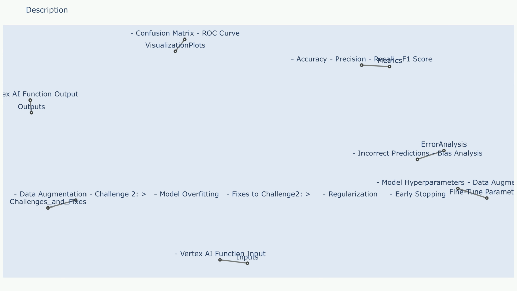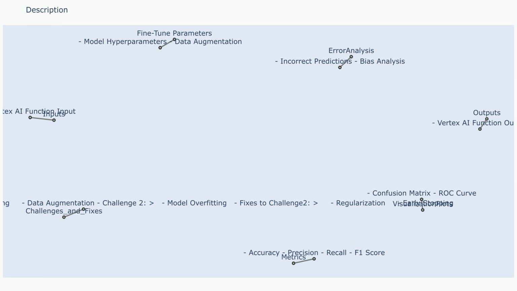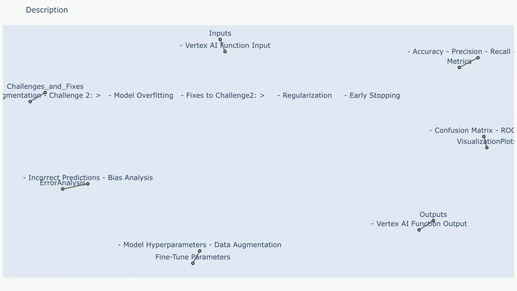Challenges and fixes. Challenge 1. Function output is invalid. Sample use case that resulted in challenge 1. The function might return data that does not match the expected structure defined by the pedantic model. For example, a field might be missing, or a value might be of the wrong data type. Fixes to challenge 1. Validate function output.